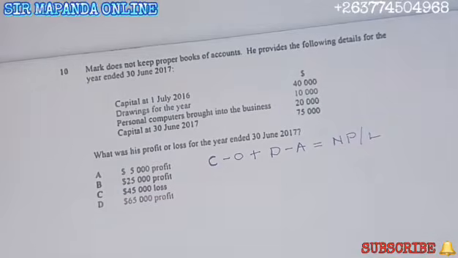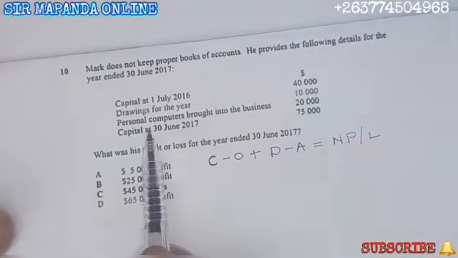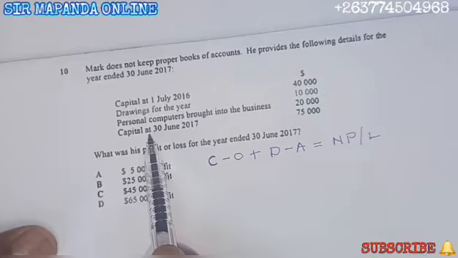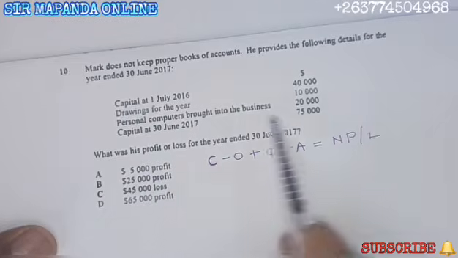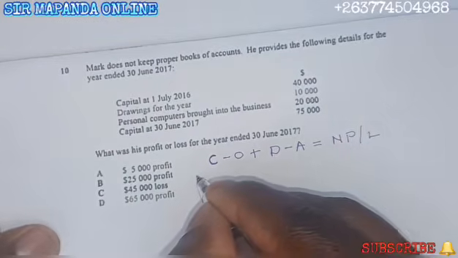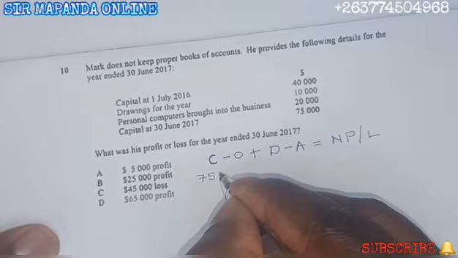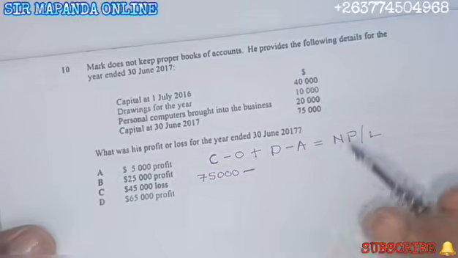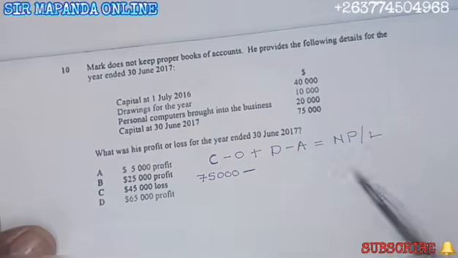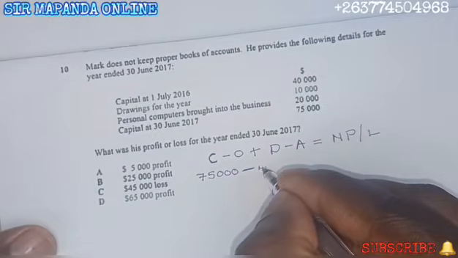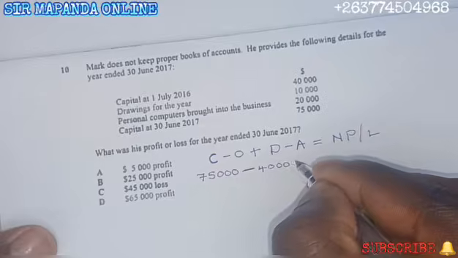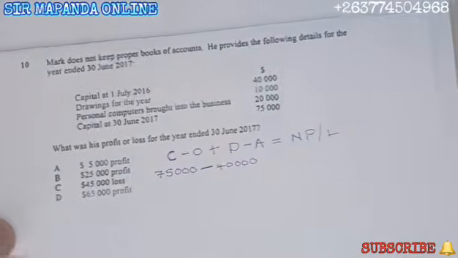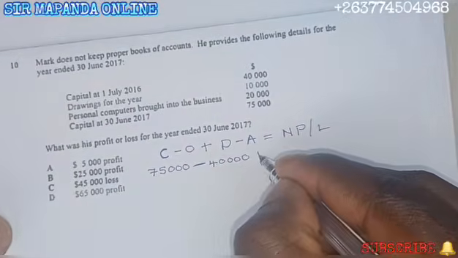So closing capital is the capital at the end of the year, and this capital is given as capital at 30 June 2017. We have 75,000. So on C, I'm going to put 75,000 minus opening capital, which is the one for 1 July 2016, and this is 40,000. You write 40,000 here. Then D, we are going to add.